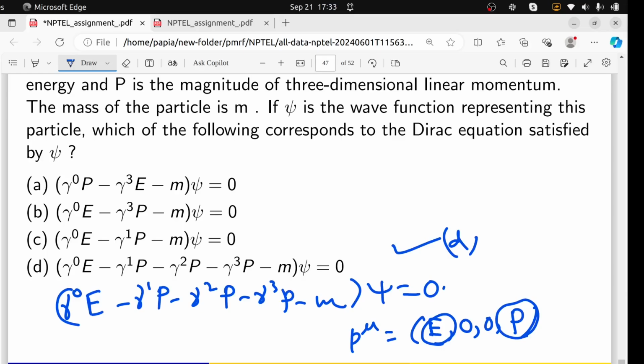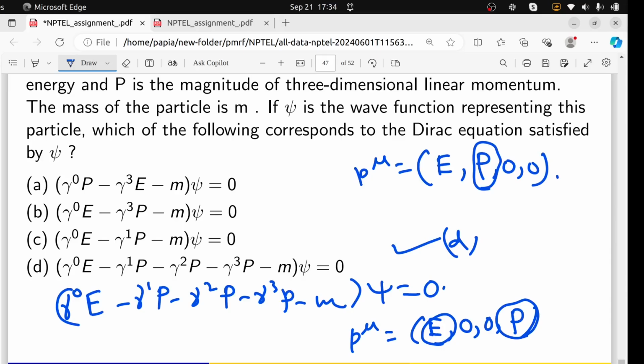That will correspond to gamma 0 E minus gamma 3 P minus m, psi equals 0. But if I have E P 0 0, it will be gamma 0 E minus gamma 1 P minus m, psi equals 0, because this corresponds to the gamma 1 term. This is P1.